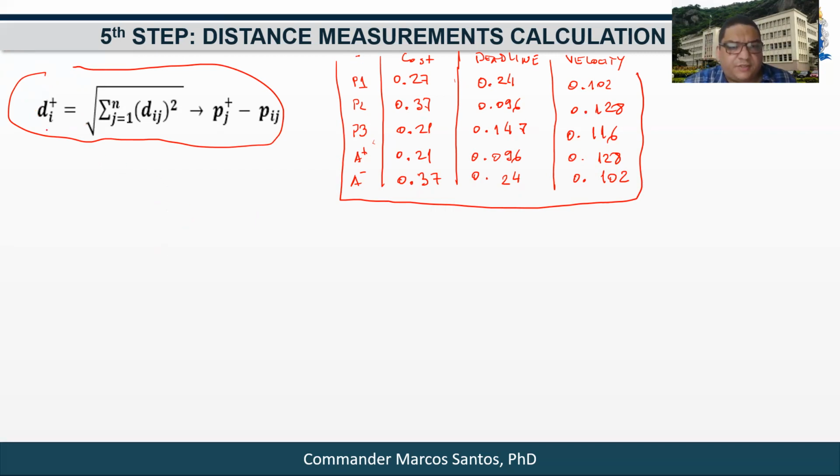This expression means D positive is the square root of the sum of the squared differences between the vector V and positive A, the Euclidean distance.